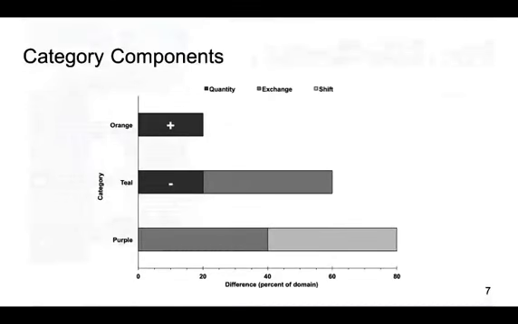The second figure is found on the category components sheet. The x-axis shows the percent of difference in the study area that each category accounts for. The sections within each row show the quantity, exchange, and shift for each category. Notice that the orange and teal have the same amount of quantity change. Orange has a positive sign because it experiences a net gain, and teal is negative because it experiences a net loss.